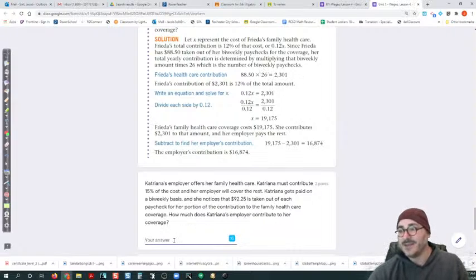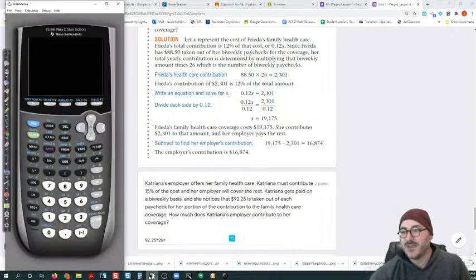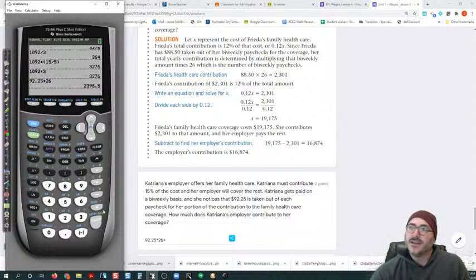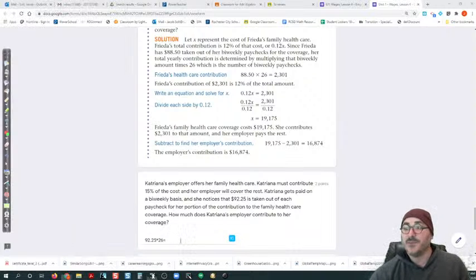This is also biweekly, so we can do that. $92.25 times 26 is equal to what? Well, I break out the math machine. Tell me, math machine, what is $92.25 times 26? Oh, that's $2,398.50. Let me see if I remember this. 2,398.50.